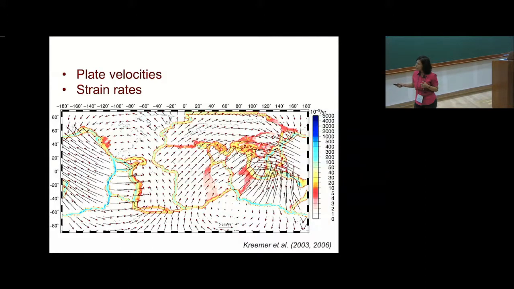The interiors of these plates are undeformed, not much is going on, but the plate boundaries are where you have a lot of deformation. It is these plate boundaries that I've been talking about for so long, the collisional, the divergent, and the transform boundaries, where you find most of the earthquakes, okay?